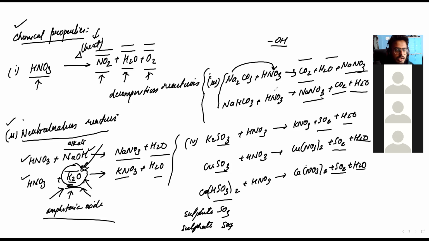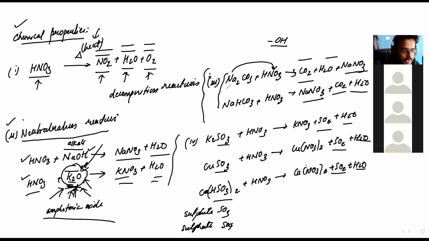Every metallic oxide need not be amphoteric. There may be metallic oxides that are actually basic. So nitric acid reacts with those too to form salt and water again.